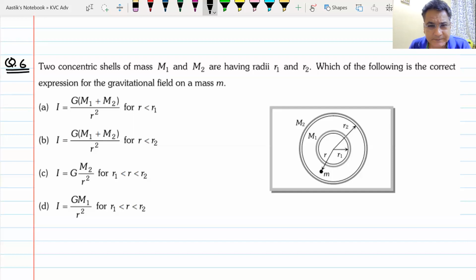Do we have anything that looks like an answer? A, B, C, D, which is the correct option?